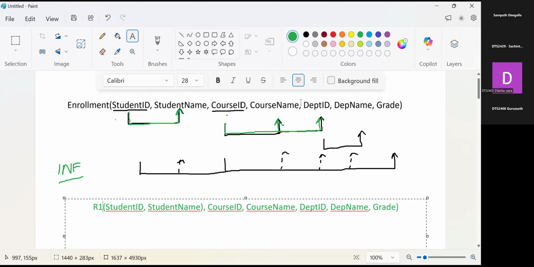Course name, department ID, and the course ID. So we can have another relation, course ID, course name, and the department ID. And actually this also comes here, department name as well. Then the third one is student ID and course ID.